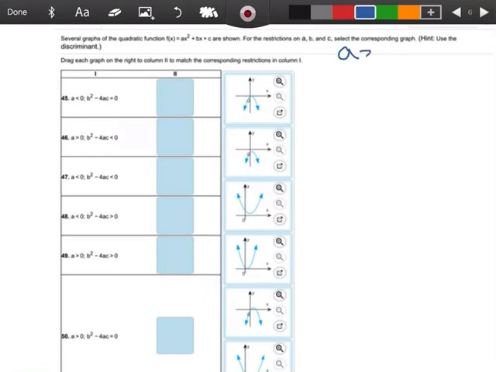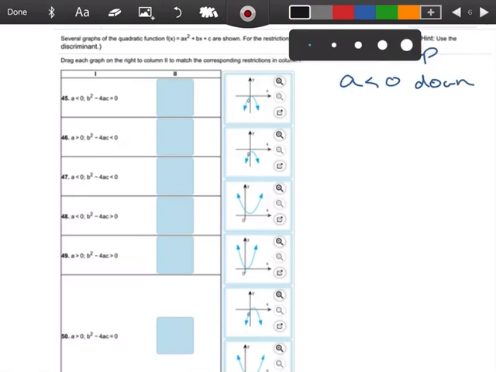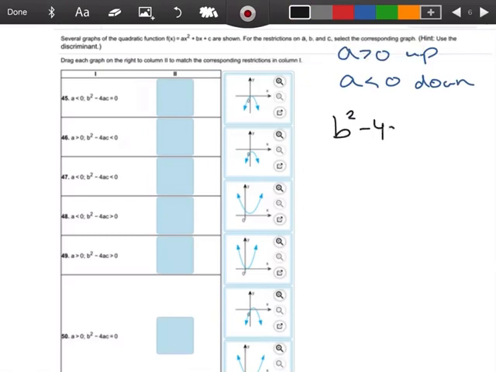First thing we want to remember is that when the number a is positive, the graph opens up. When the number a is negative, the graph opens down. The discriminant is b squared minus 4ac. When it's positive, we're going to have two real solutions.